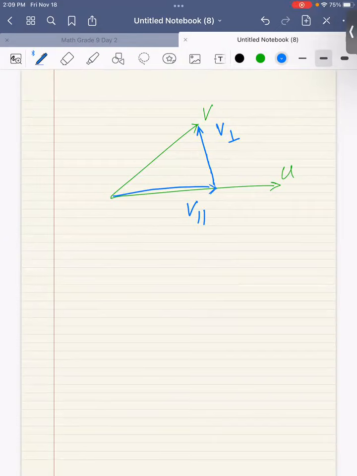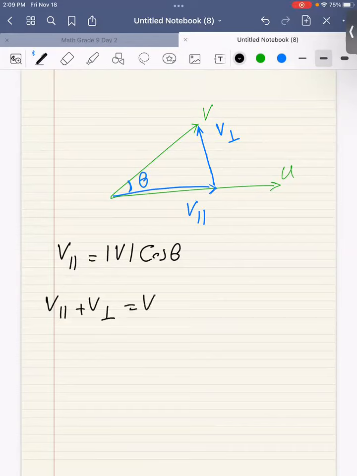Basically, you need the angle theta. If the angle is theta, then v parallel is equal to the magnitude of v times cos theta. Once you find v parallel, and this is very important, you know that v parallel plus v perpendicular is equal to v.